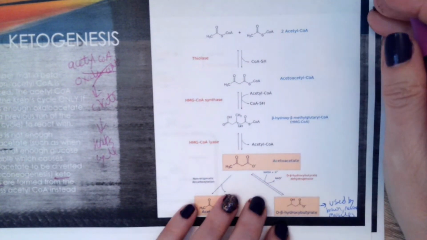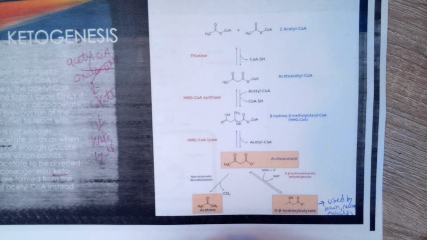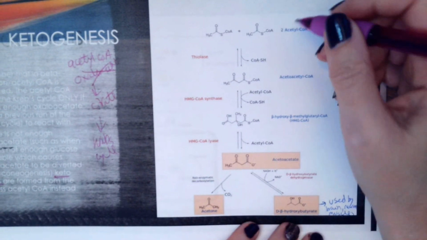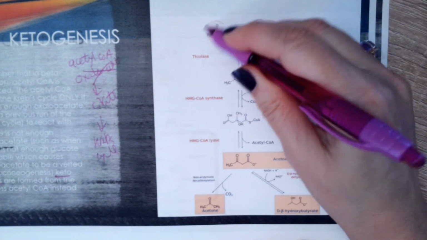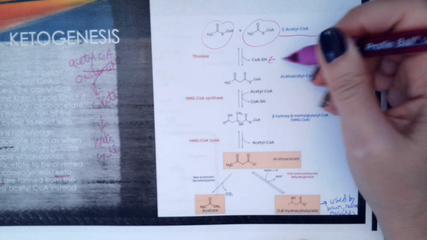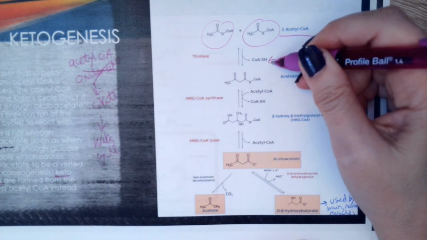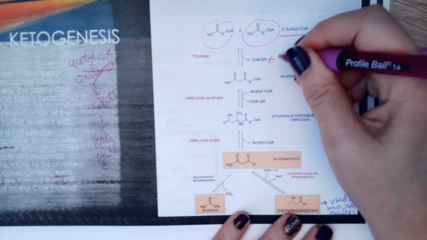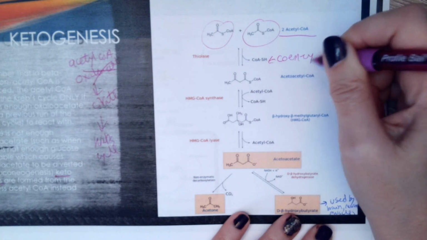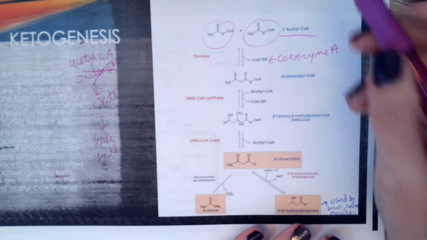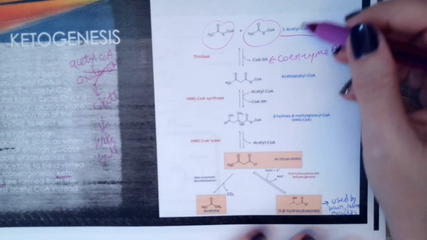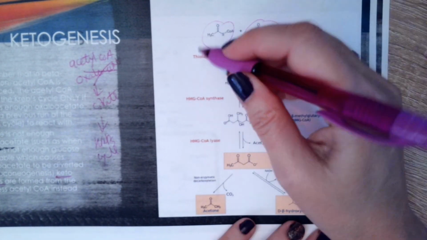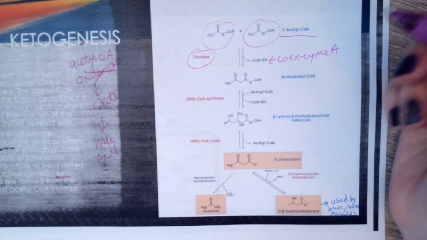Okay, so let's look at just normal production of ketones from acetyl-CoA. So here we have two acetyl-CoAs. So there's one, there's the other. There's, remember, the CoA-SH. That's coenzyme A. I'm just going to call it coenzyme A. Coenzyme A is going to help these two acetyl-CoAs along with this enzyme over here, thiolase.